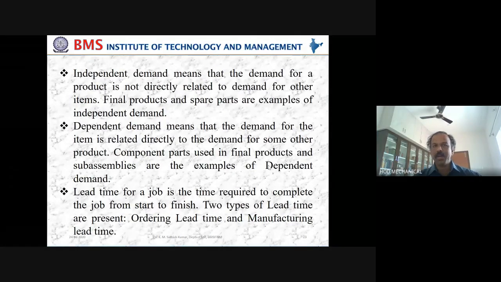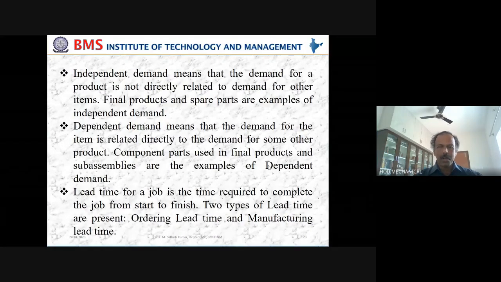That is nothing but a dependent demand. In this case there exists a dependency of the component on the other required products which go into the particular assembly. That means the demand for the assemblies and sub-assemblies is an example of dependent demand.